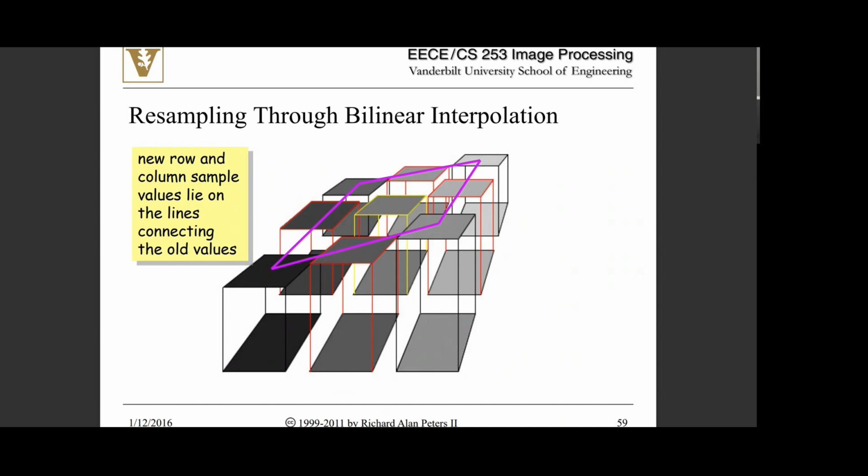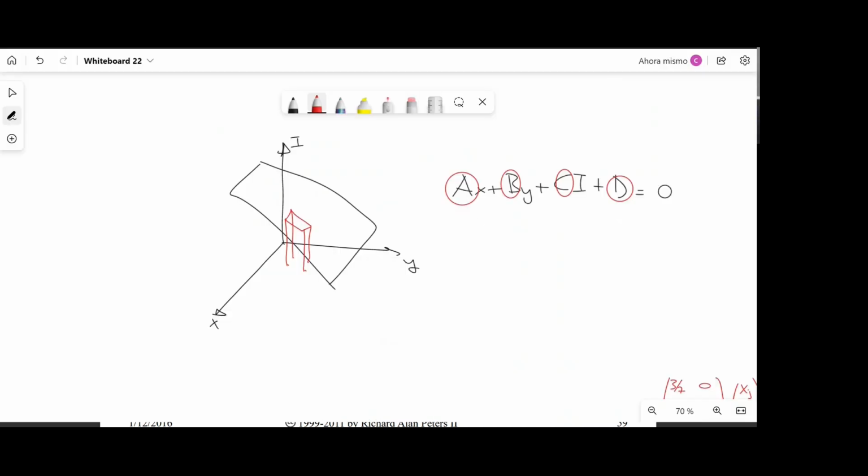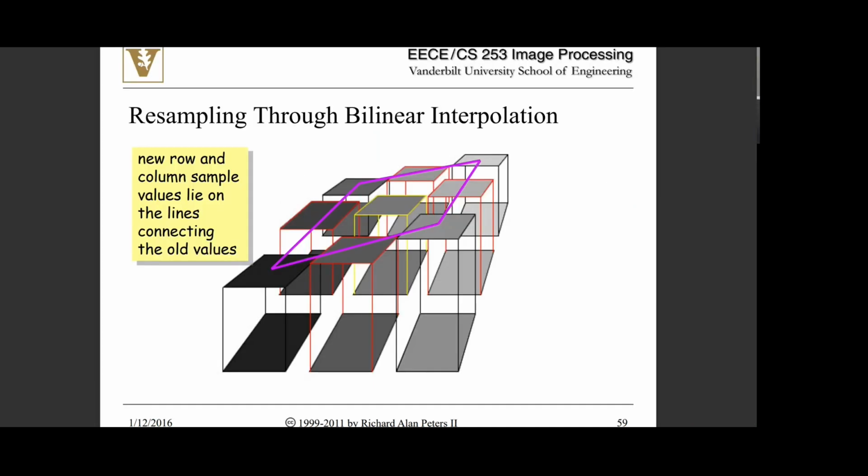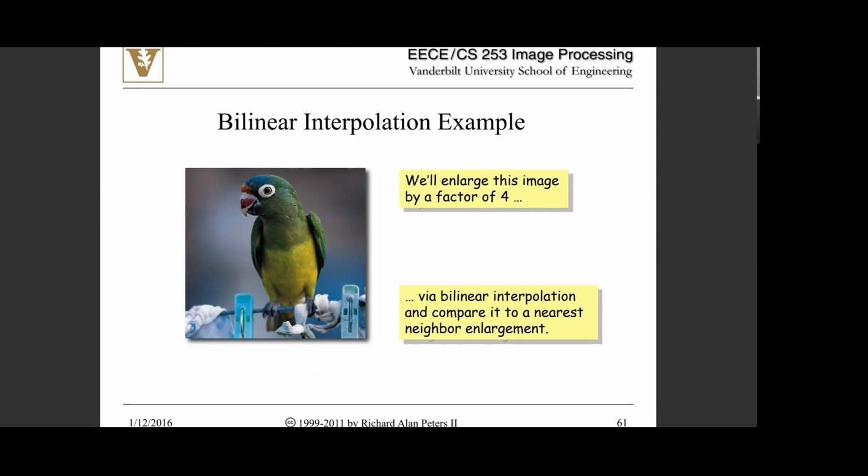It is a first order interpolation. This is a polynomial in X, Y of degree 1. If you fix Y, I depends linearly on X. So this is a line, this is another line, this is another line.